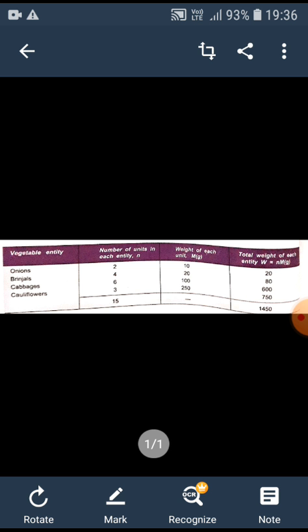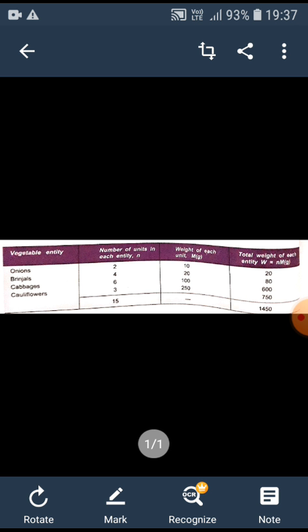Now let us see the weight average concept of the molecular weight. The weight average concept is the other method of calculating the average weight, and it is based on the assumption that the individual vegetable variety contributes to the total weight in the proportion not of its number but its weight.